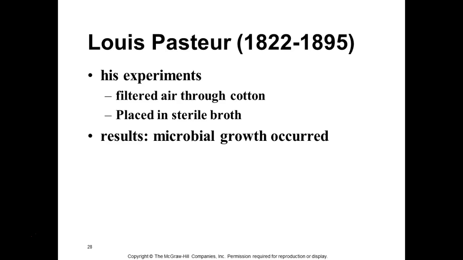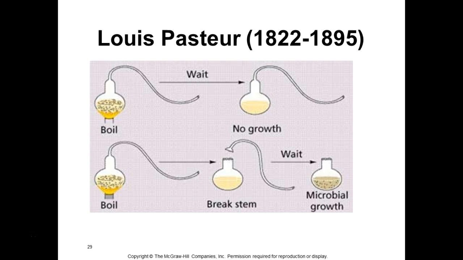He didn't just stop there, though. He made some fancy swan neck flasks, and they're not quite as elegant as this picture. But they had at least two curves to them. So this solved the problem of air getting in for oxygen for organisms that may need it. But it stopped what from getting all the way to the food? It stopped the organisms from getting in.